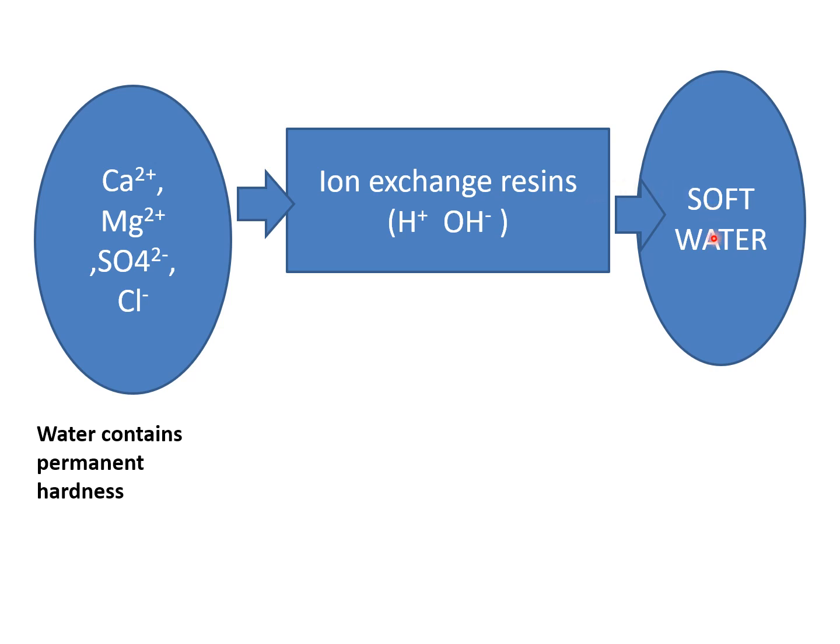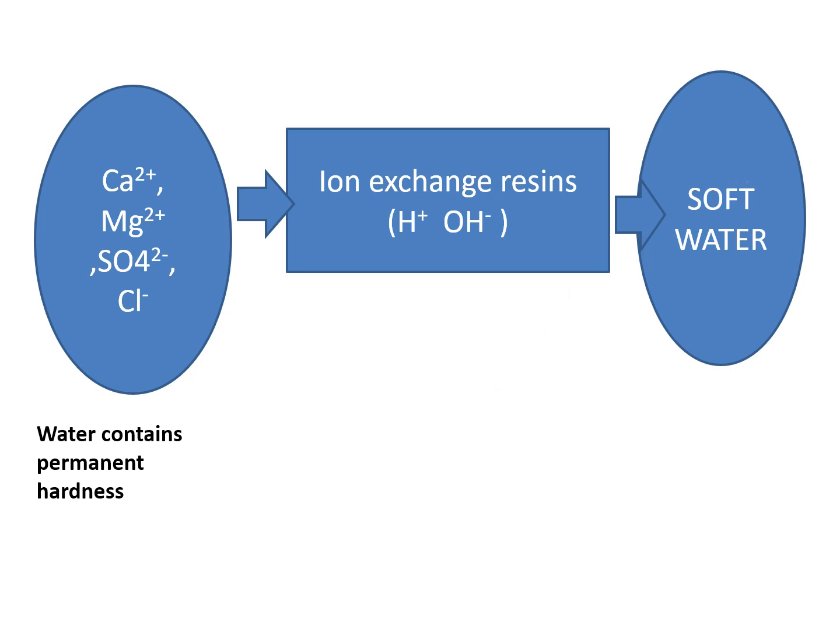All the calcium, magnesium, sulfate and chloride are trapped in the ion exchange resins, and H plus and OH minus ions are released into water. So after the ion exchange process, we get soft water, or we can say permanent hardness is removed.